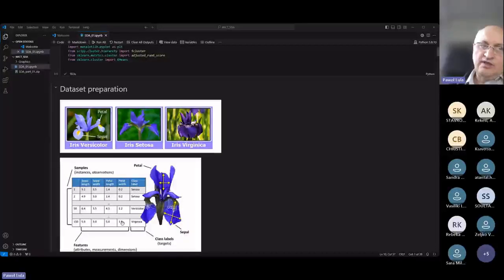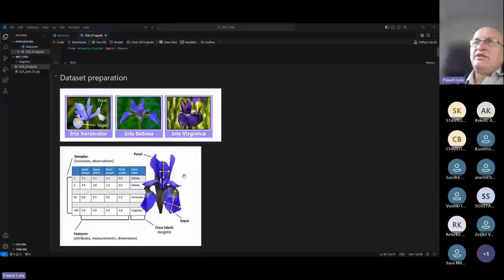Every flower is described by 4 variables, 4 features. They are related to the size of these 2 parts of every flower. These upper parts are called petals, and these lower parts are called sepals.